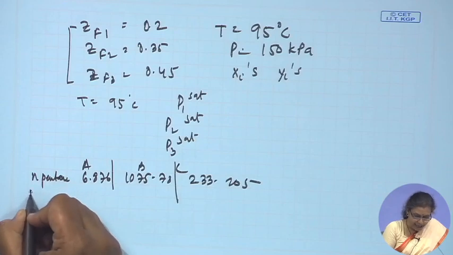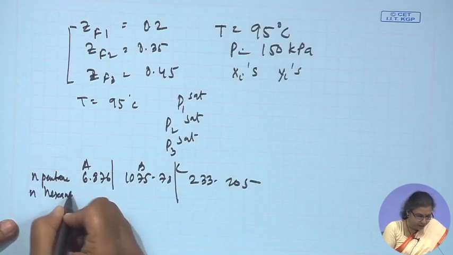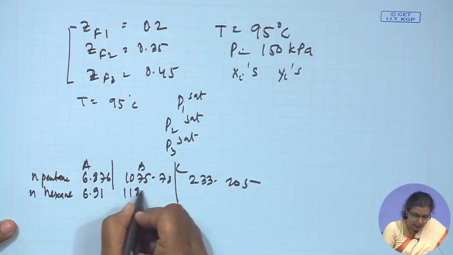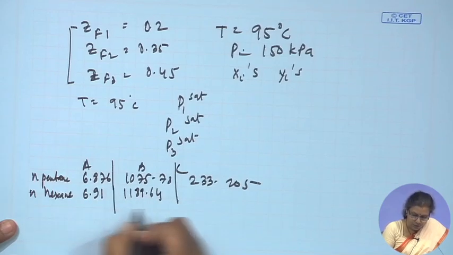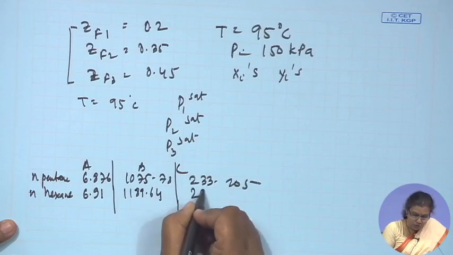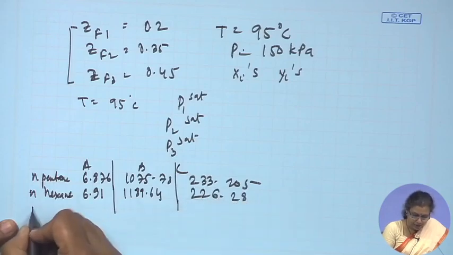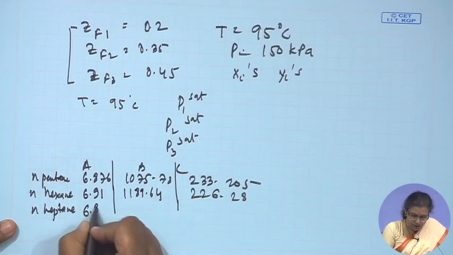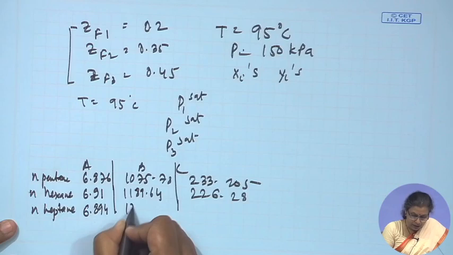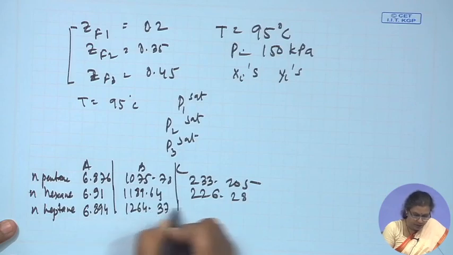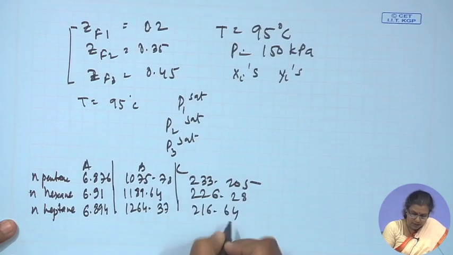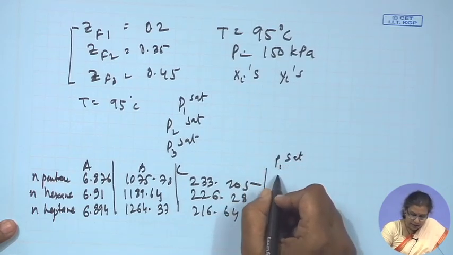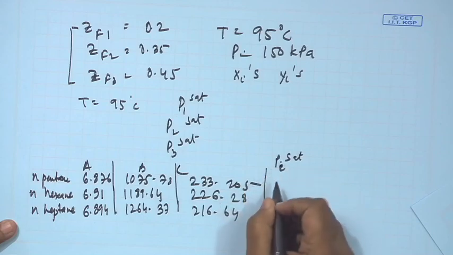For n-hexane, A is 6.91, B is 1189.64 and C is 226.28. For n-heptane, A is 6.894, B is 1264.37, C is 216.64. So from here we can find the Pi saturated.